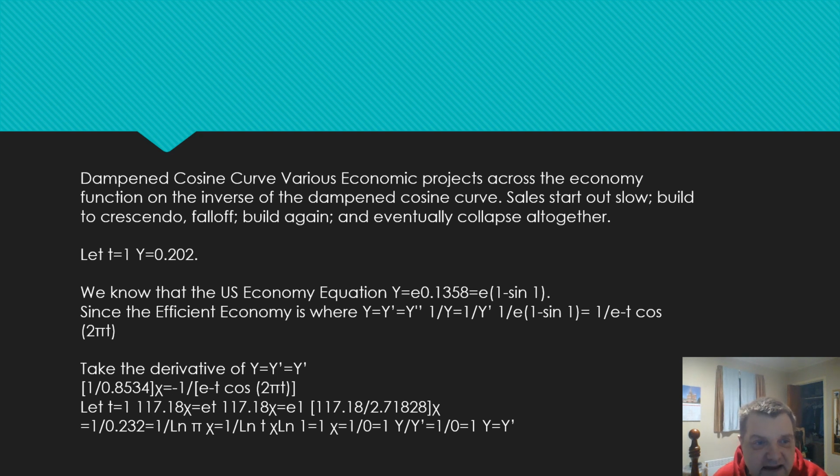Let t equal 1, y equals 0.202. We know that the U.S. economy equation, which we've already developed, y is equal to 0.1358. And since the efficient economy is where y is equal to y prime equals y prime prime, that means the position is equal to velocity is equal to the acceleration.